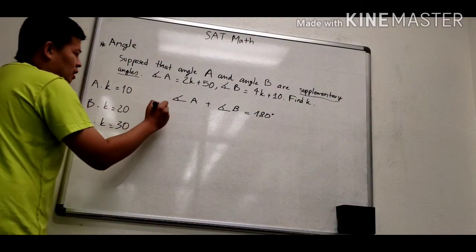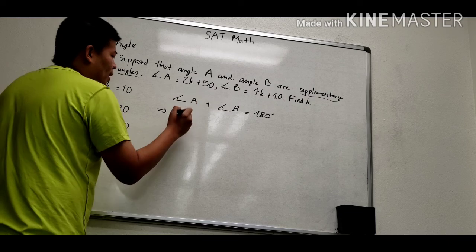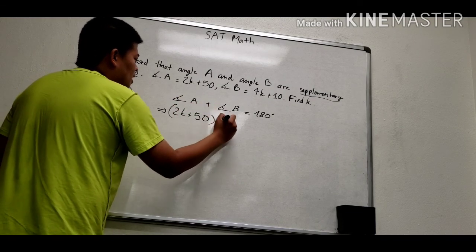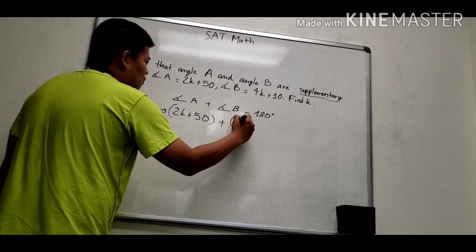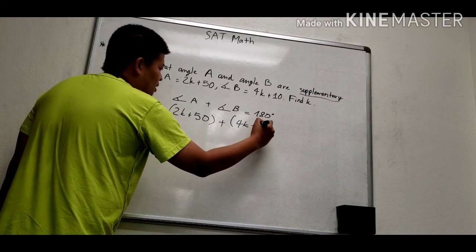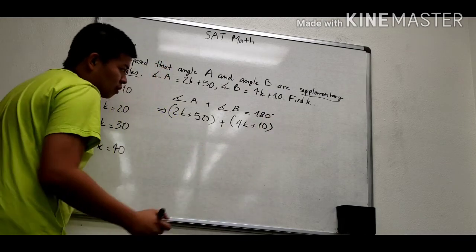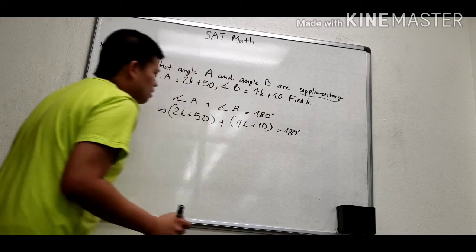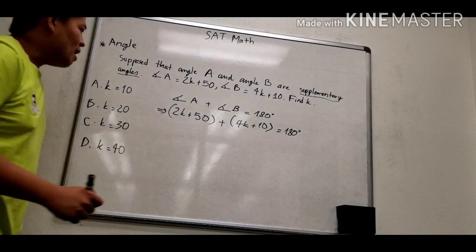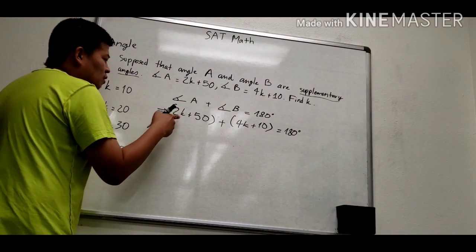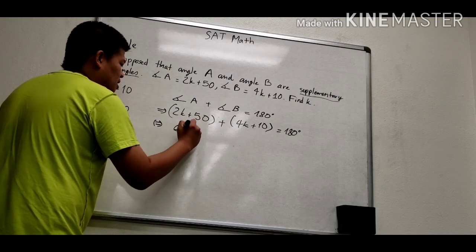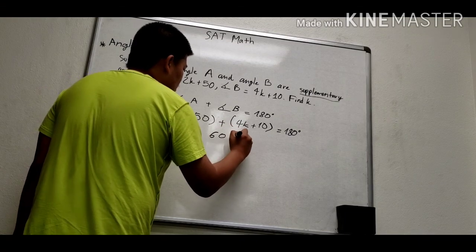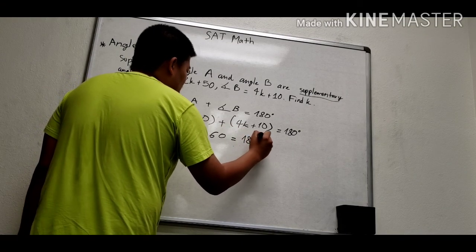So you just sum 2k plus 50 and angle B, 4k plus 10, equal to 180 degrees. So we just do the equation. 2k plus 4k is 6k, and 50 plus 10 is 60, equal to 180 degrees.